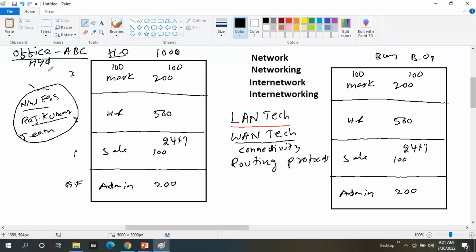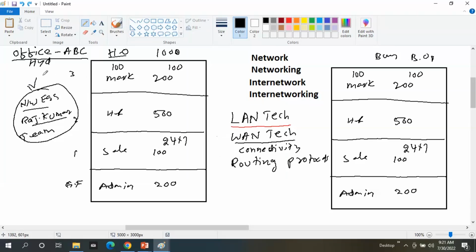So as network engineers, WAN technologies and routing protocols, is it optional knowledge or is it mandatory? Mandatory. Must learn about this. Then only you can manage everything. It's mandatory to learn.